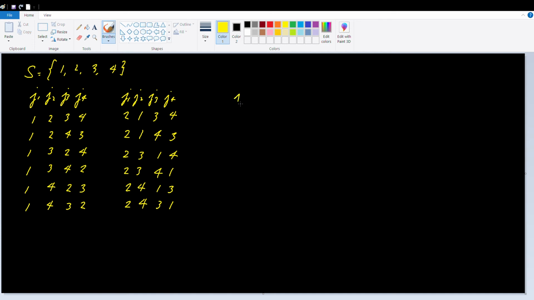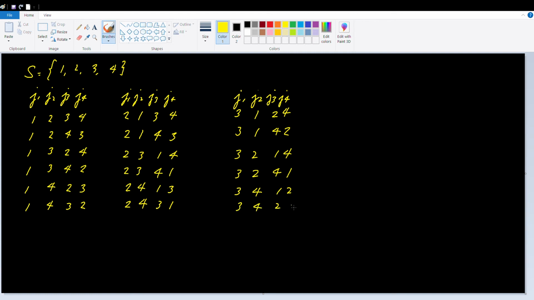Next, permutations beginning with the number 3: 3, 1, 2, 4; 3, 1, 4, 2; 3, 2, 1, 4; 3, 2, 4, 1; 3, 4, 1, 2; and 3, 4, 2, 1.